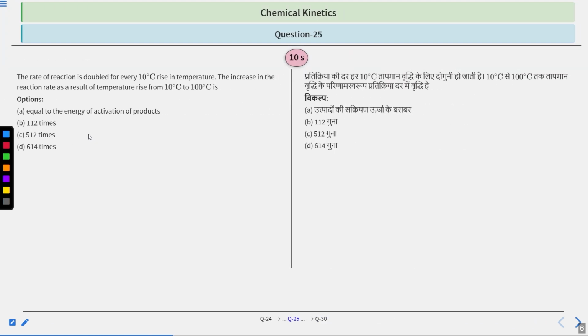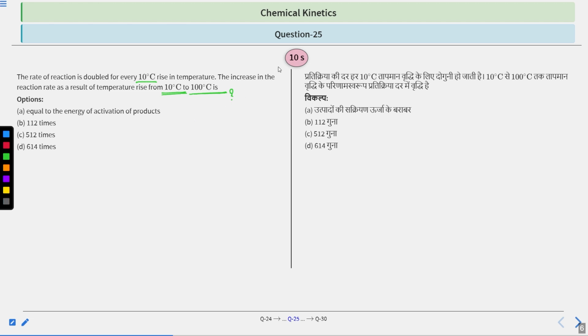Question number 25. The rate of reaction is doubled for every 10 degrees Celsius rise in temperature. The increase in the reaction rate as a result of temperature rise from 10 degrees Celsius to 100 degrees Celsius is?